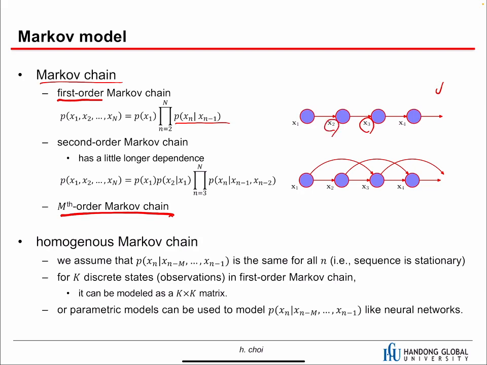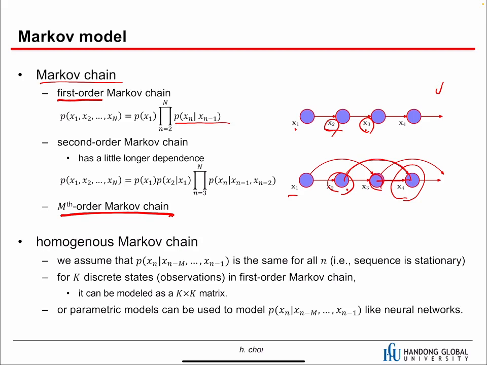So x3 has nothing to do with x1 when x2 is given. So that's the first order Markov chain. And the second order Markov chain means we consider the previous two samples. So when we are interested in x4, we will check x3 and x2, not x1. So we consider just the previous two samples.